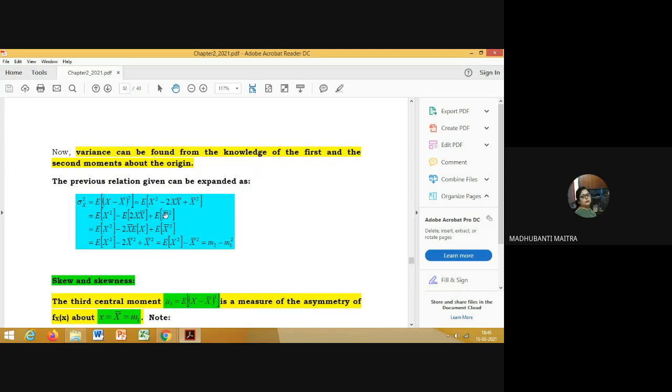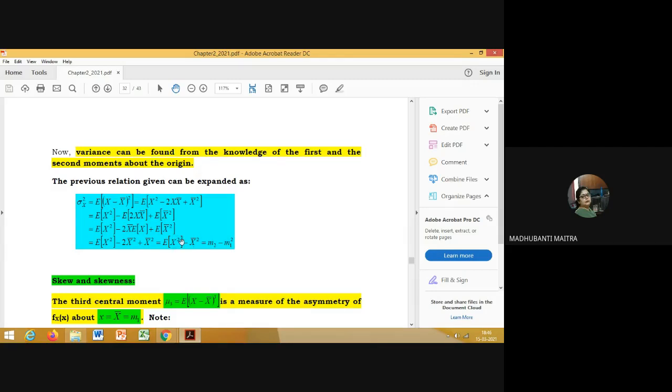And this is constant, so the expected value of this constant x bar square will be simply x bar square. And this is expectation of x square, that means this is nothing but the second moment about the origin, right? So from this 2 we'll get x bar square, sorry, minus x bar square. So this is equal to expectation of x square minus x bar square.